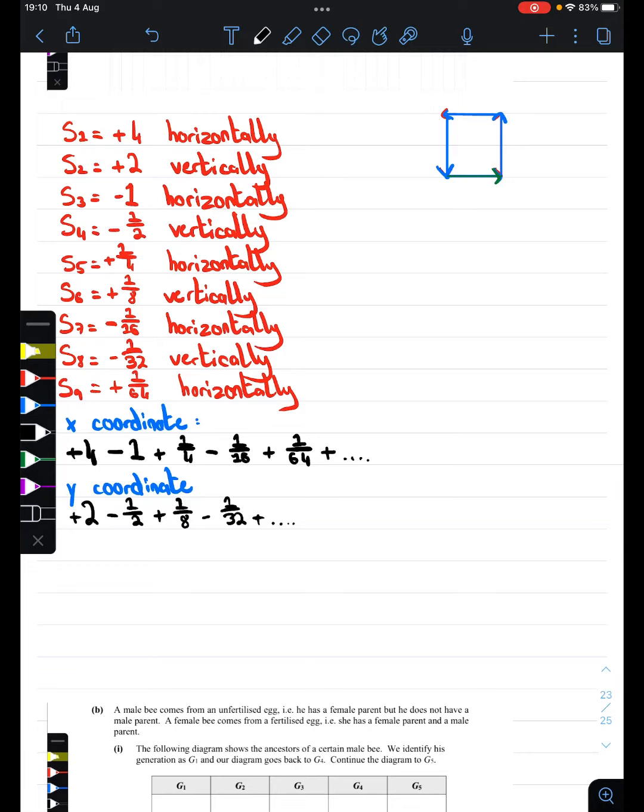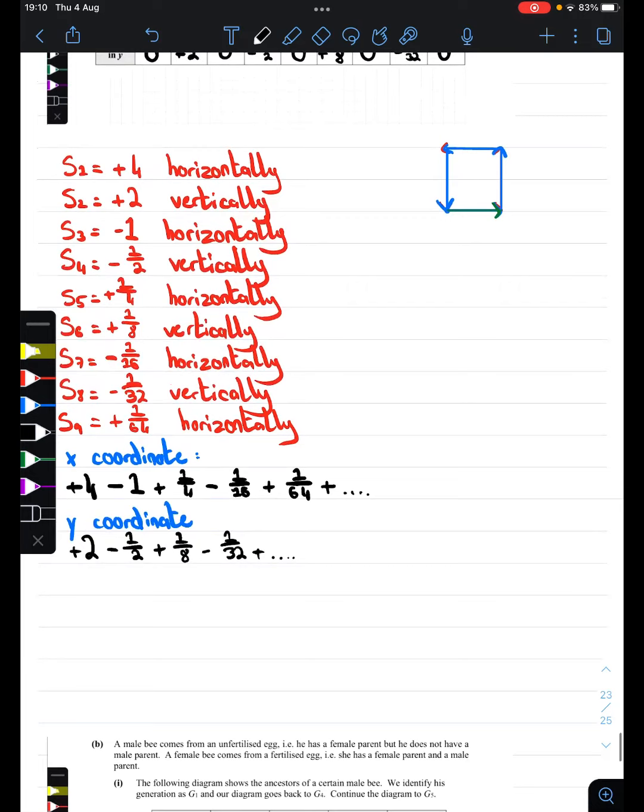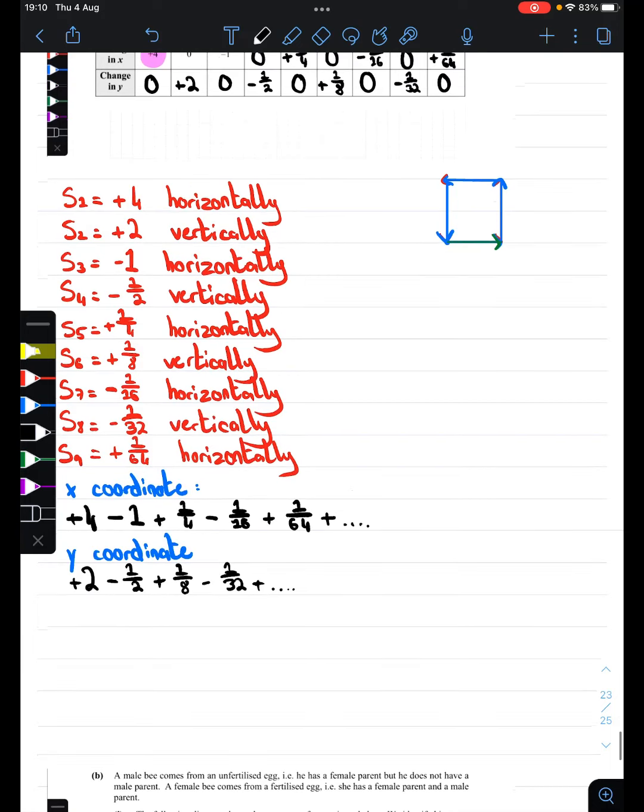Okay, so what we said earlier was if they're talking about a sum, which we have here, continuing forever, we should be trying to think of a geometric sequence. So how could we make a geometric sequence here? Let's look at the x coordinate.